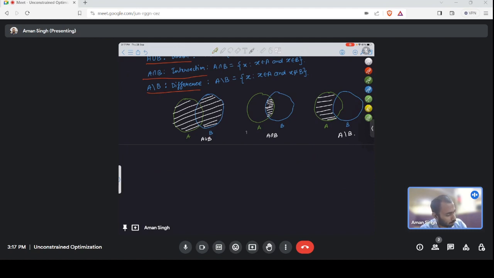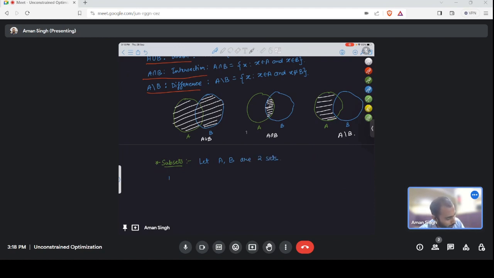Let's define now subsets. What are subsets? This also you know. Let A and B be two sets.